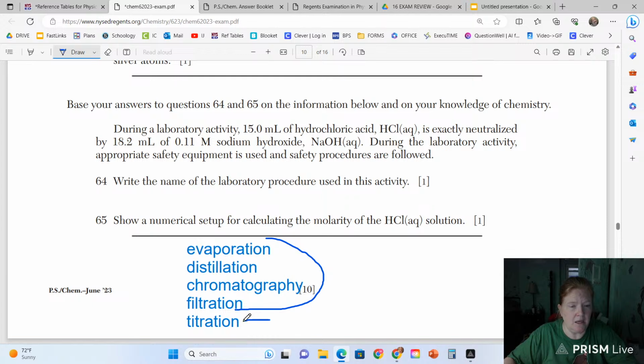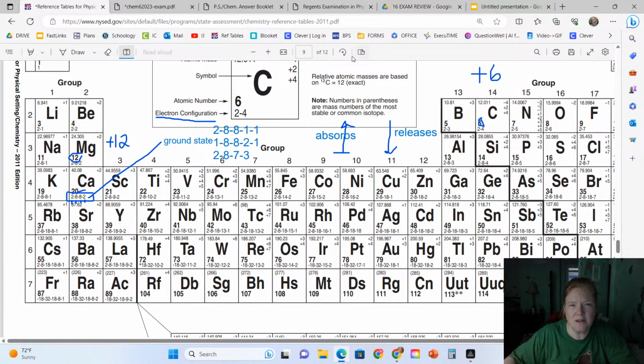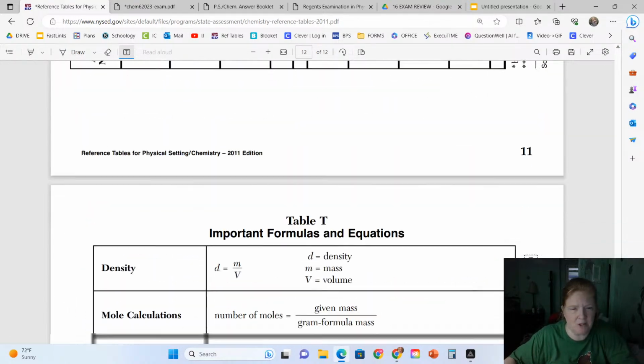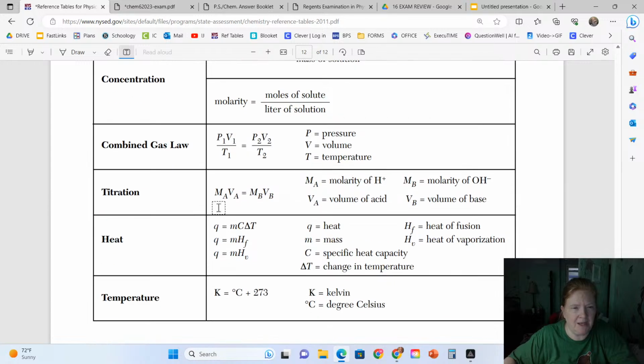Okay. And this one right here, now there was a little bit of a hint in the question. It said you had an acid, it said it was neutralized, and then it said sodium hydroxide, which is a base. If you knew what formula you had to use for 65, then when you look at the reference table, so I'm going to scroll to the reference table.